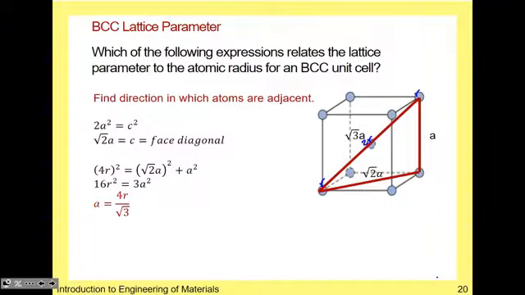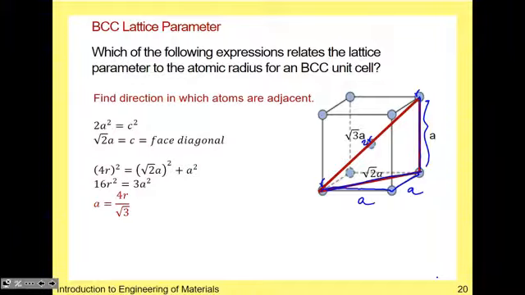Now what's the relationship between that and the lattice parameter? Well, here you have the lattice parameter given as some value a, right? And then that triangle with the body diagonal is made up of this side and the face diagonal. But as we know from face-centered cubic, if you have a here and a here, the face diagonal is just square root of 2 a, okay?